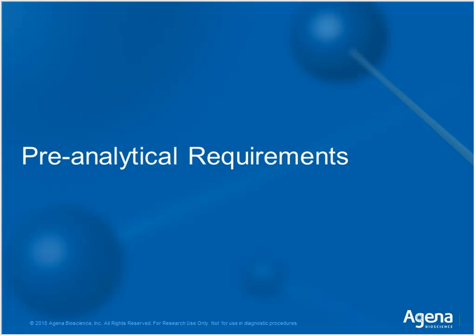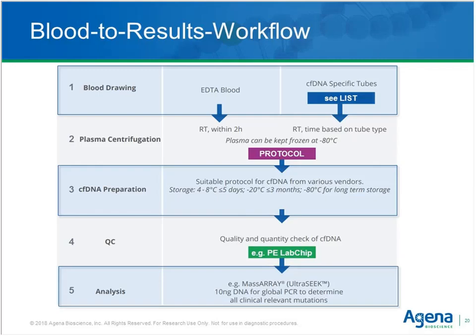When we start working with, or consider working with, cfDNA and ctDNA as a marker in liquid biopsy, we should consider a set of pre-analytical conditions, and the obvious steps that need to be followed are steps 1 to 5 in this flow chart. First, the decision on blood drawing, on which tube to be used.